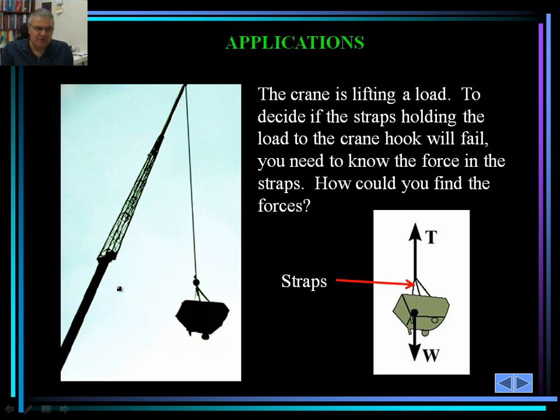To decide if the straps holding the load to the crane hook will fail, we need to know the forces in the strap. After we know the force in the strap, then we can design the strap properly, or use a strap that has enough strength to carry the force caused in T1. So how could you find the forces in T1?